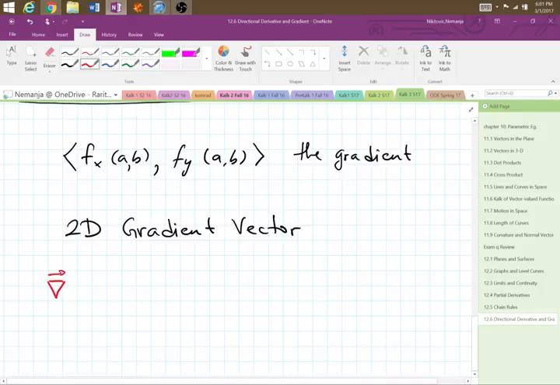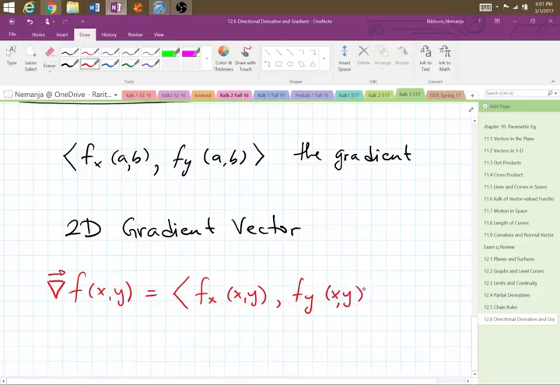We know that the bold letters in the book represent vectors. We don't mess with bold while we're writing, so we just put the arrow above and everyone's happy. So the gradient of the function, in this case in two variables, is going to be the vector of partial derivatives.